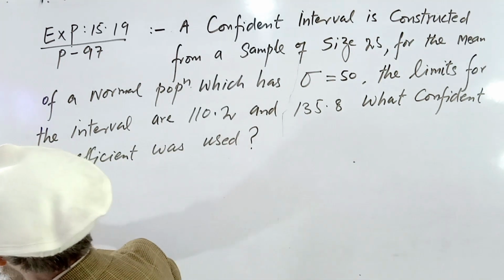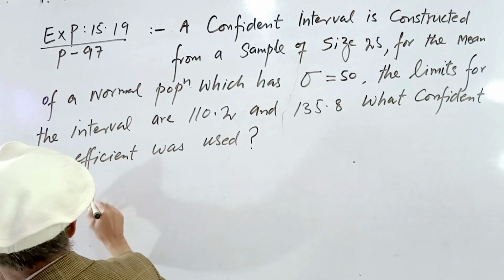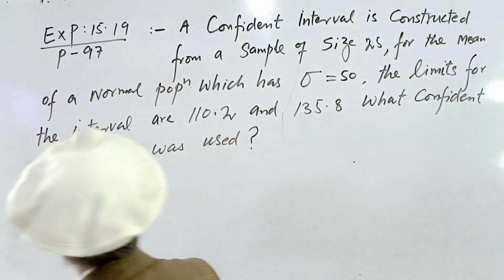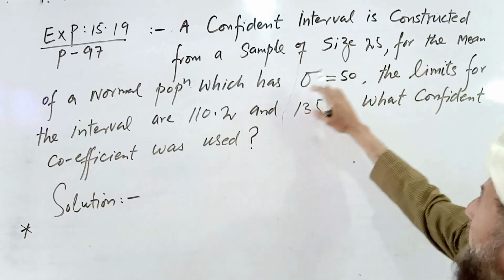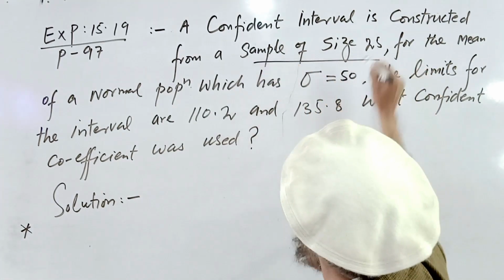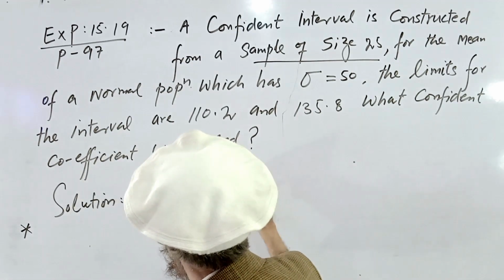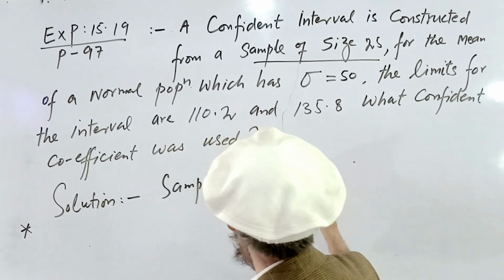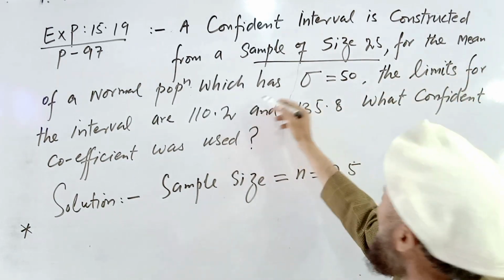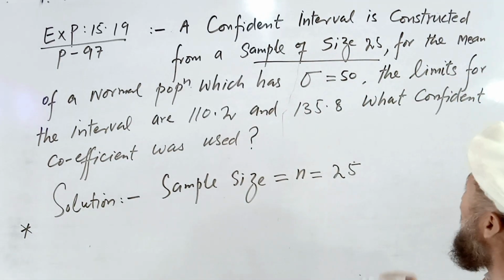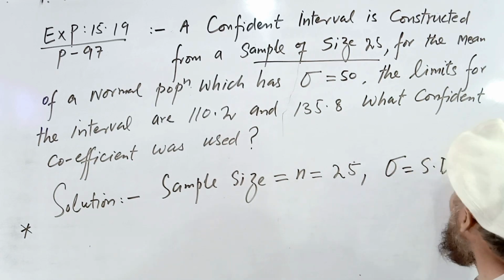So we start the solution. First of all, we write the given data. A confidence interval is constructed from a random sample of size n, sample size is denoted by small n, and for the mean of the population which has sigma, the standard deviation, equal to 50.